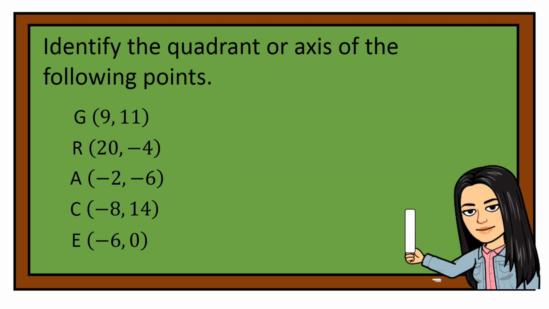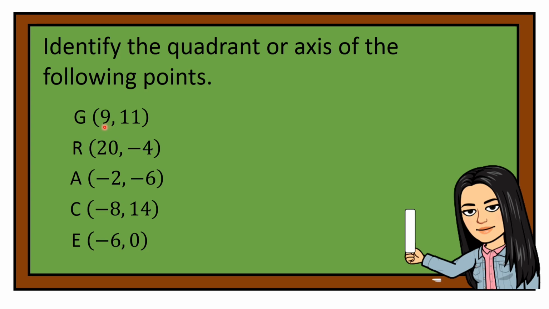Next, let us identify the quadrant or axis of the following points. So, without looking at a Cartesian plane, we can easily identify in what quadrant or axis the following points are located. So, let us take a look at their signs.